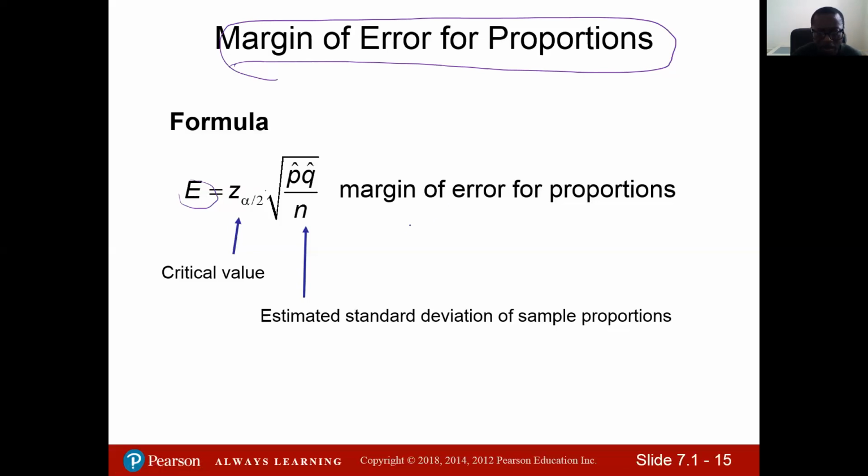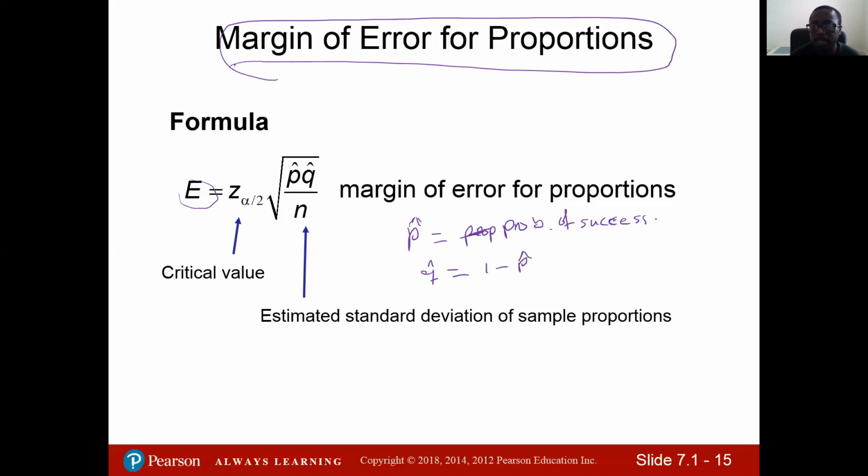Okay, now don't forget the P hat is the probability of success. And then your Q hat is given by 1 minus P hat.